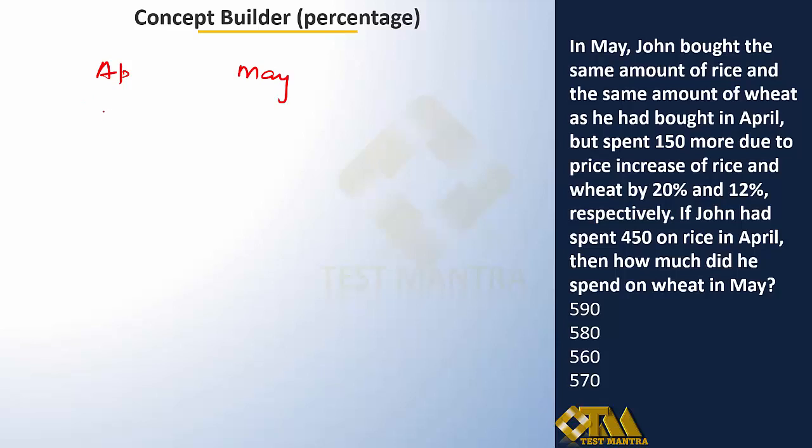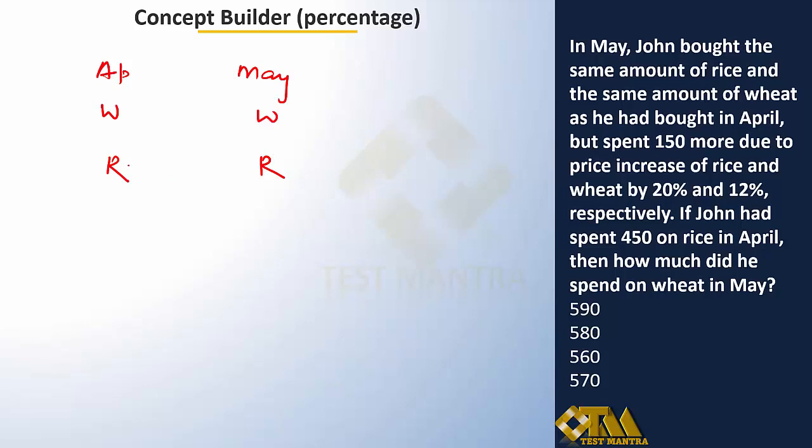Let's say in April he bought W kg of wheat, and he bought W kg here. Similarly, rice, let's say R kg and R kg. These two are the numbers given, but he spent 150 more due to price increase in rice and wheat.